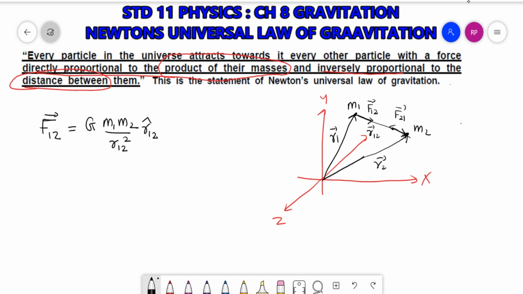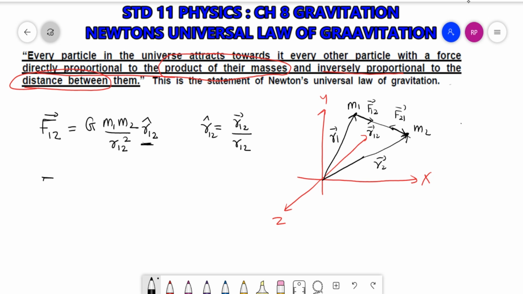Now the force acting on 2 due to 1. Here r12 unit vector is equal to vector r12 upon the modulus of r12, the magnitude of r12.